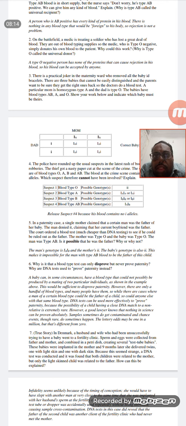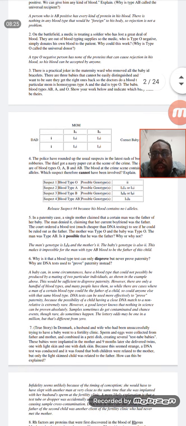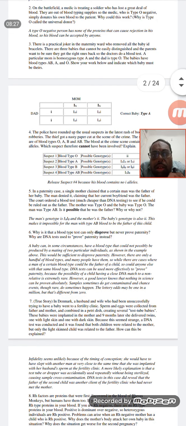The mom is homozygous, and the dad is O, that is small i. And you see the Punnett square; they have used the technique of Punnett square.